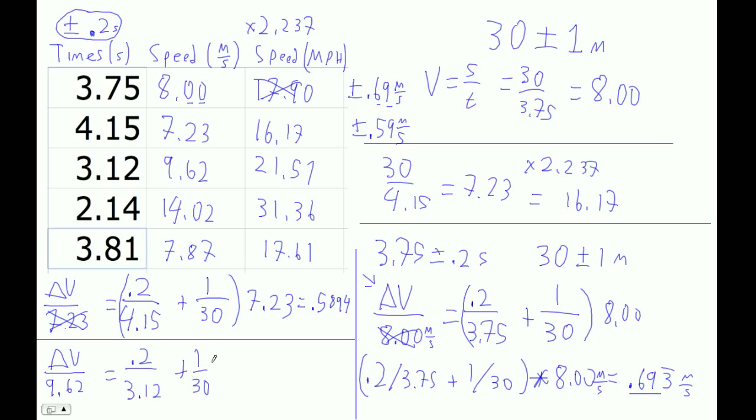Again, the fractional uncertainty of velocity equals the sum of the fractional uncertainty of time plus the fractional uncertainty of displacement. So I multiply both sides by 9.62 to cancel that, and then I type left parenthesis 0.2 divided by 3.12 plus 1 divided by 30, right parenthesis, times 9.62.